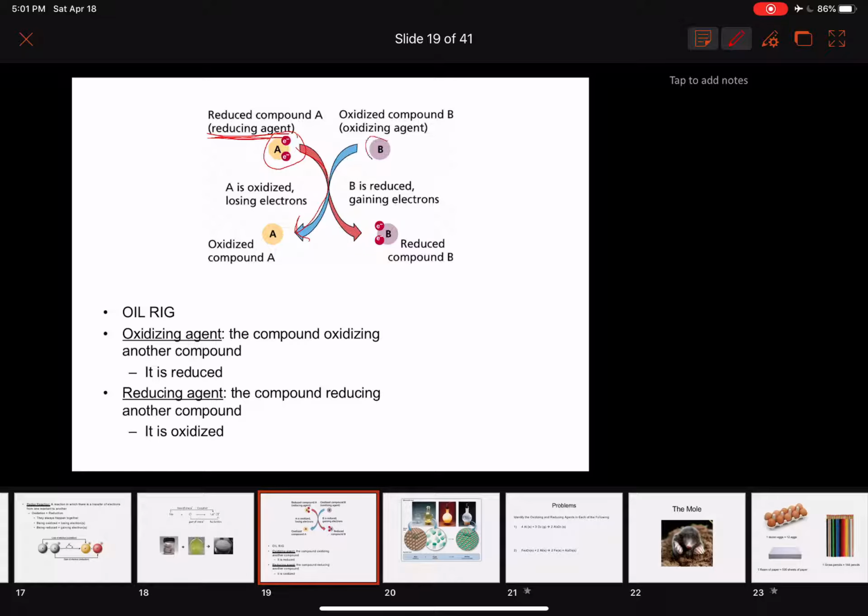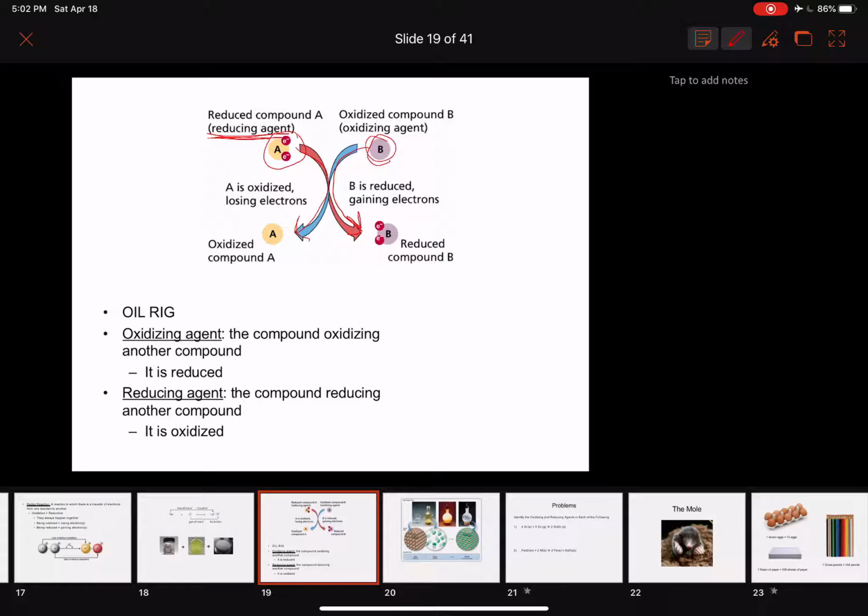Now, B right here is picking up the electrons from A. So B is being reduced because if you're gathering negatives, you're being reduced. Your charge is being reduced. Like chlorine on our previous slide went from a charge of 0 to a charge of -1.